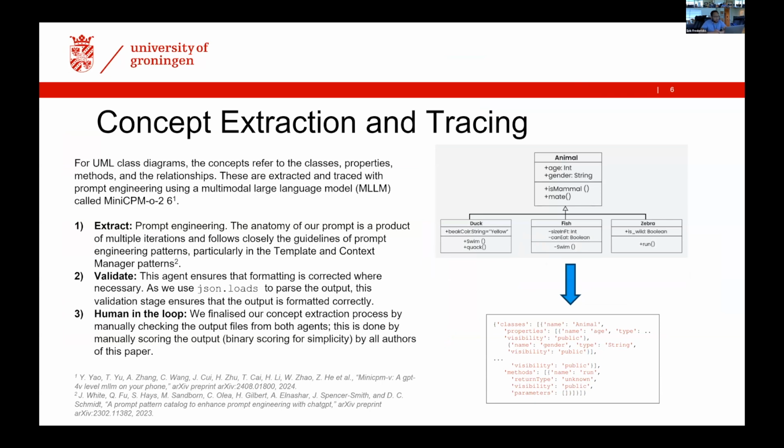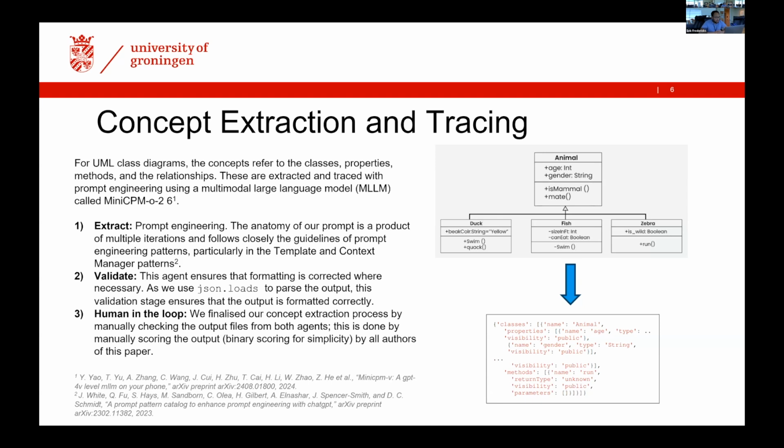So it's kind of like converting back into a markup language. However, for uniformity, we looked into key and value pairs that could be used for understanding the concepts that could be extracted. So there was a 3-step process where we looked into extracting by using prompt engineering. We were using the open source MiniCPM model. Some of you may be familiar with this.